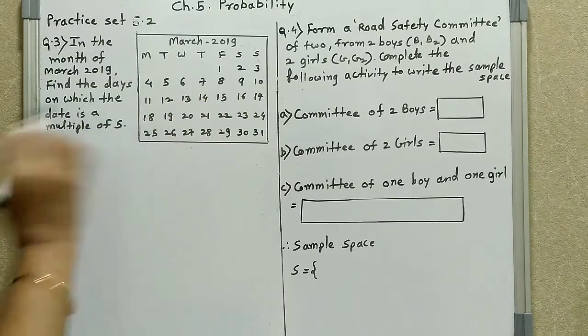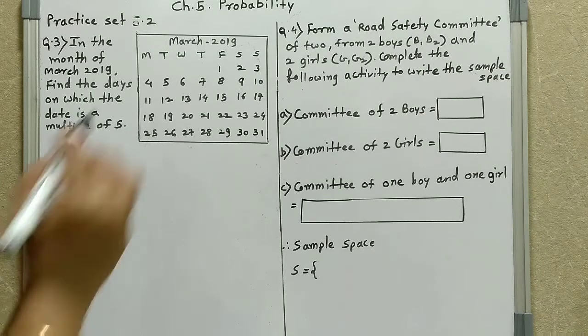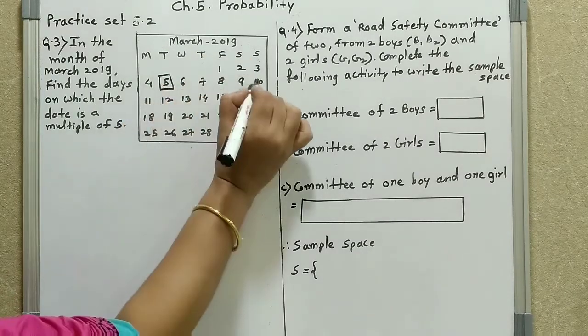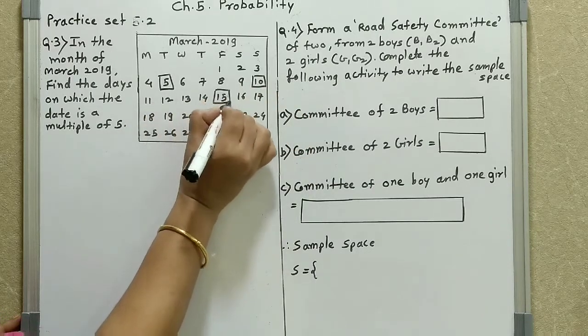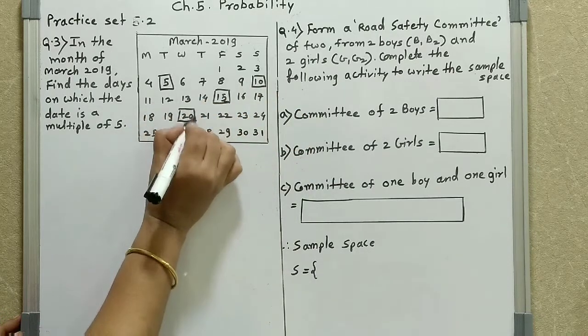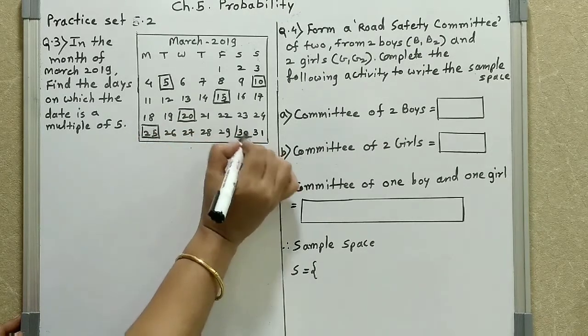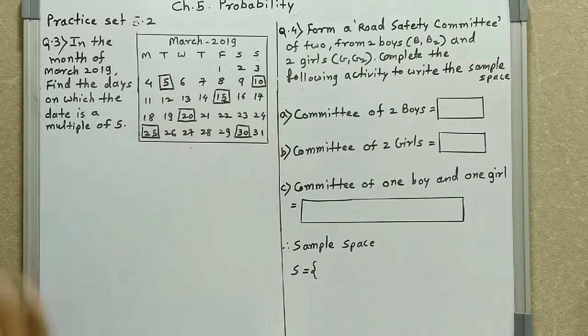So first we find for which dates are multiples of 5. So here see the table of 5: 5, 10, 15, 20, 25 and last 30. So how many numbers? 1, 2, 3, 4, 5, 6.